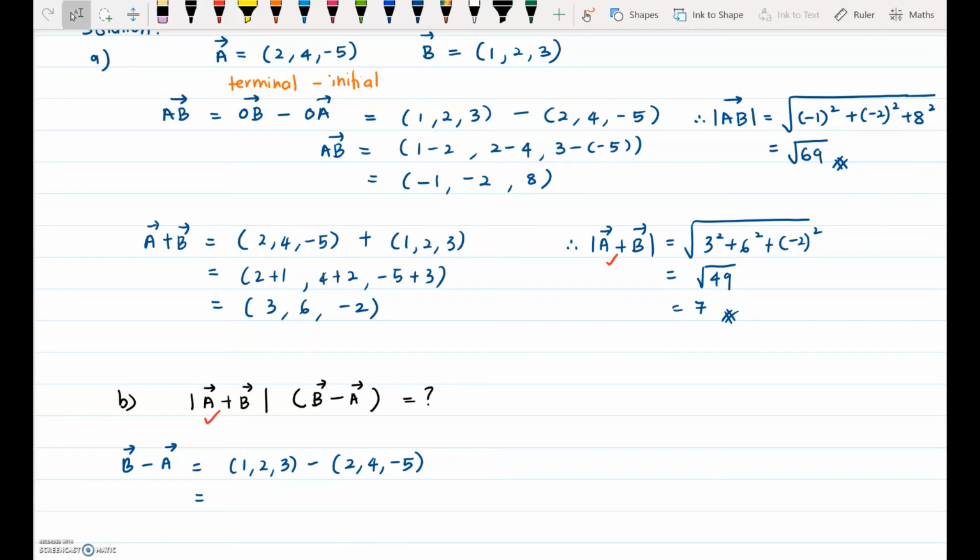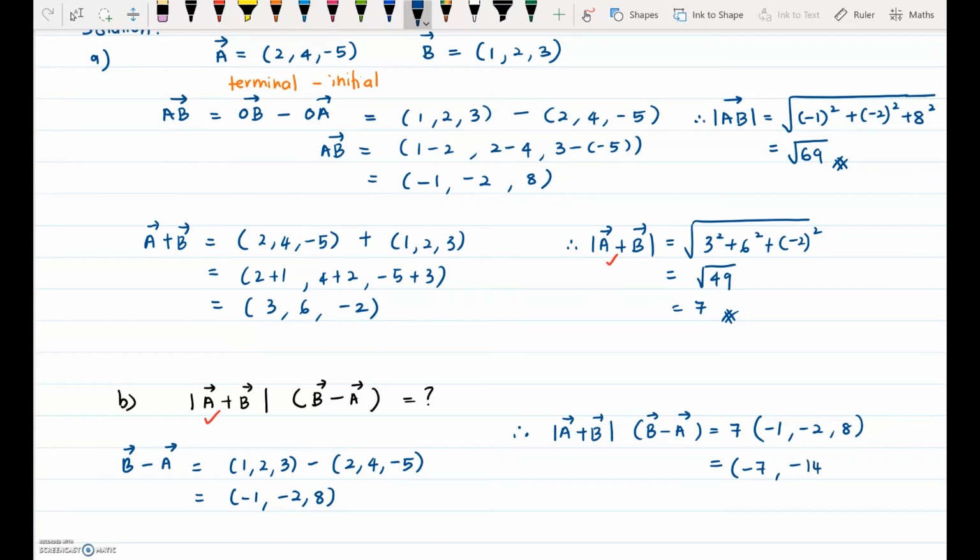So we get -1, -2 and 8. Now the magnitude of A plus B times the vector B minus A equals 7 times -1, -2 and 8. When we simplify, we get the vector -7, -14 and 56. This is your answer for B.